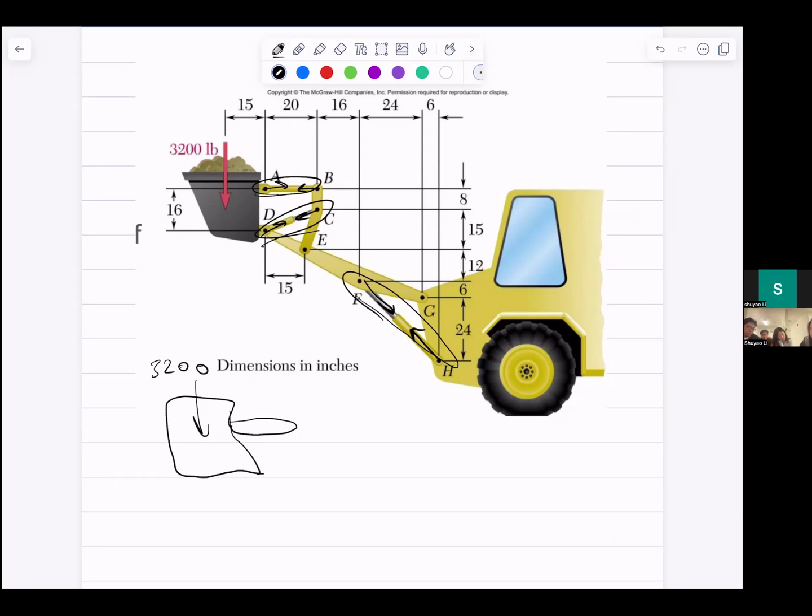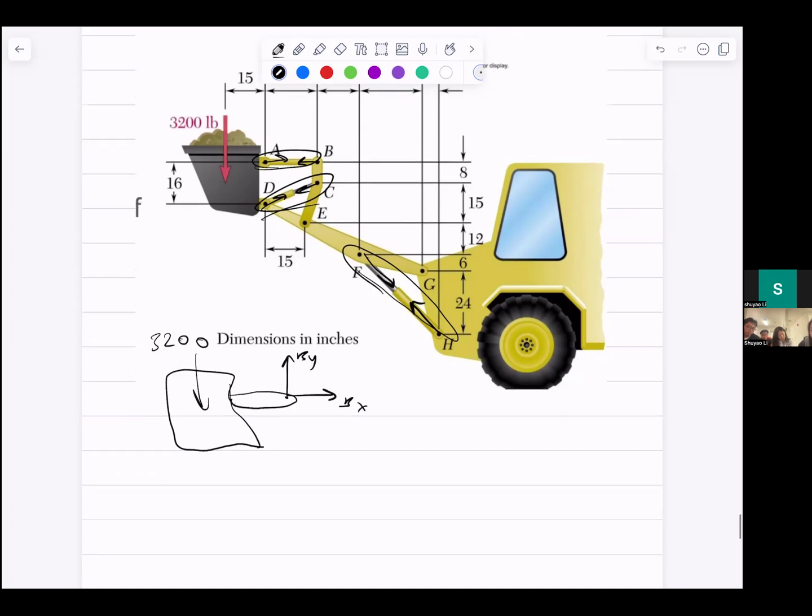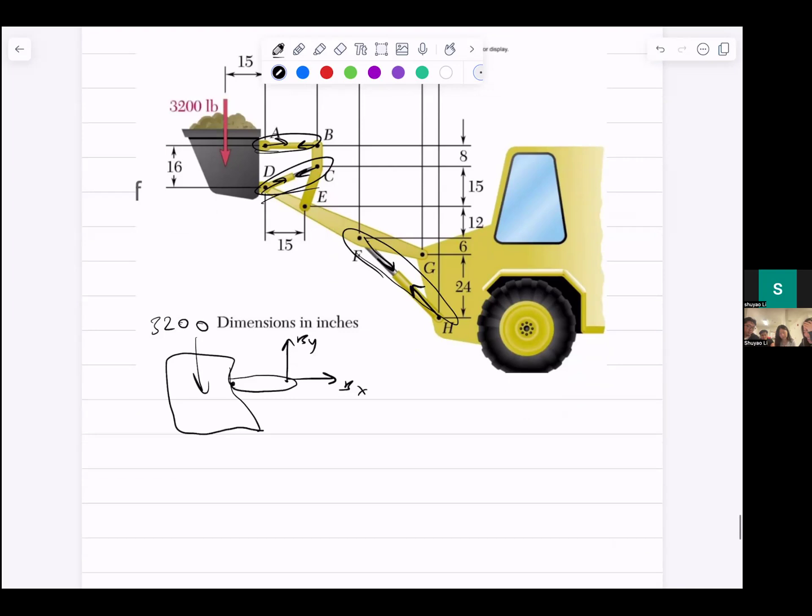I would just isolate this portion, and then we know that there's... and then I would analyze by taking a moment about A, and that way I can find the reaction forces.